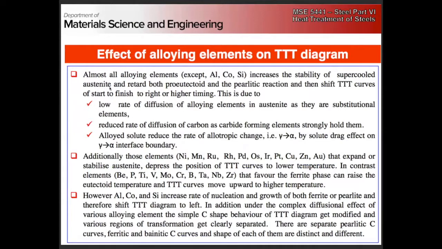We had a long list of austenite stabilizers that are going to retard the pro-eutectoid and pearlitic reactions, and shift the TTT curves to the right, or longer time scales. So the mechanism for this is just the low rate of diffusion of the alloying elements in the austenite. They're substitutional. These are all substitutional elements, right?